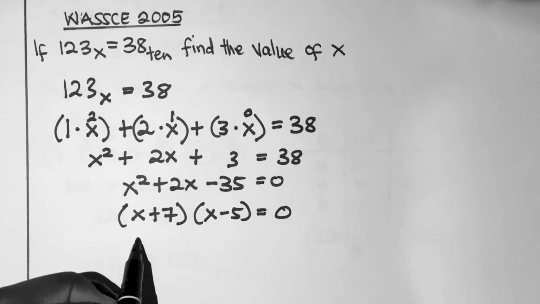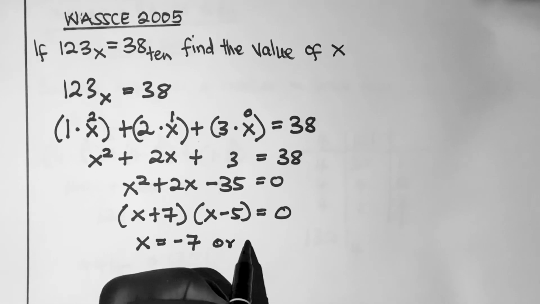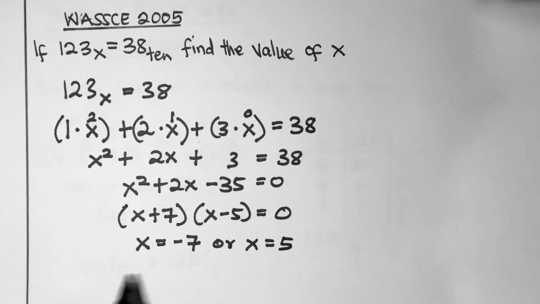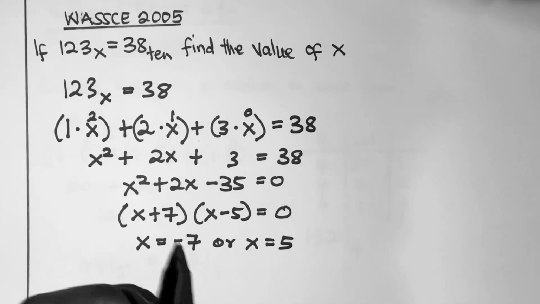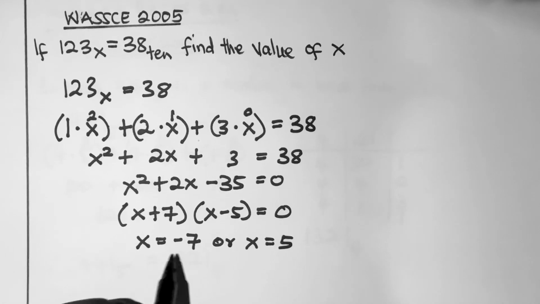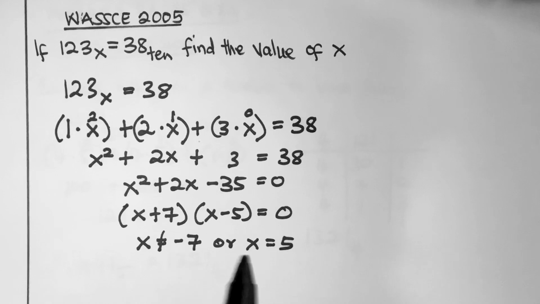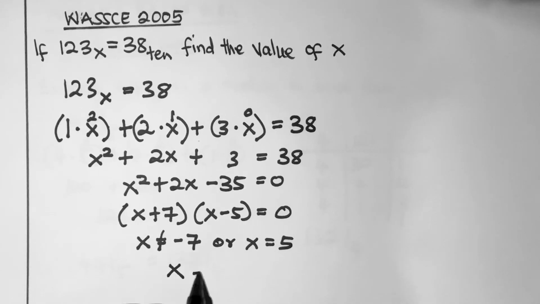So the values of x are x equals minus 7 or x equals 5. But for number bases, we cannot have negative numbers. So it is always x greater than 0, and therefore x cannot be equal to minus 7. So the true value of x is x equals 5.